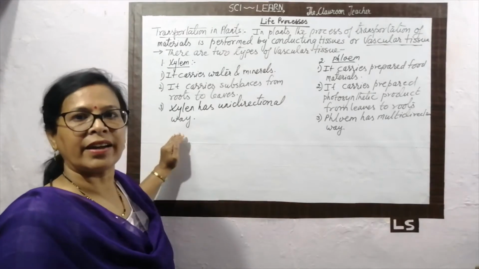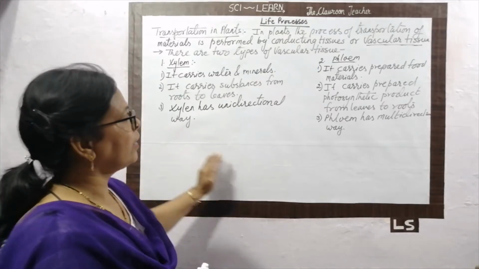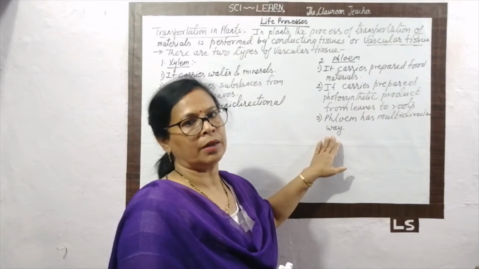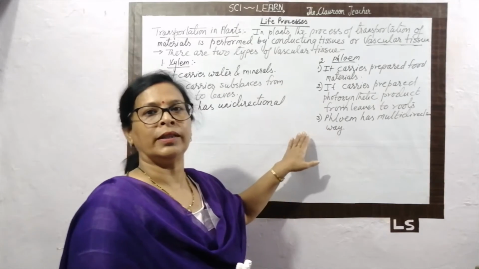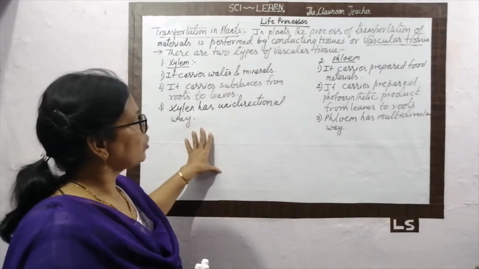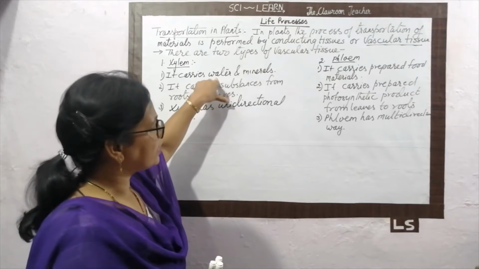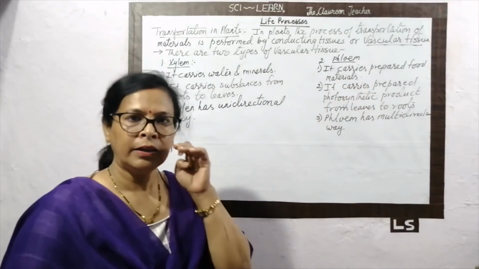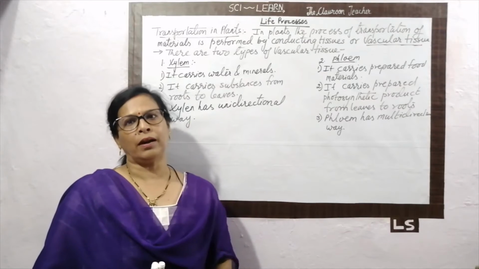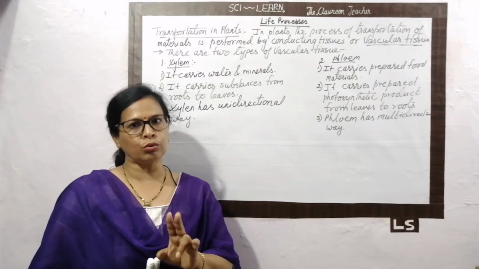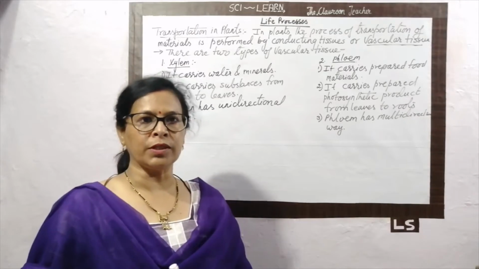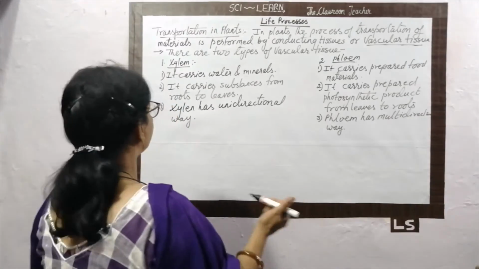In xylem, tracheids and vessels are present, and in phloem, companion cells and sieve tubes are present to perform all these functions. On the basis of 2 types of material, first the water and minerals and second the prepared food material, the transportation in plants is divided into 2 parts.